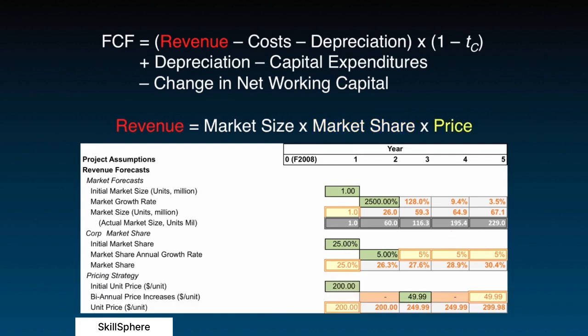And finally, we have to come up with a pricing strategy. I'm going to price our tablet initially in year one at $200 per unit, which I just bring down here. I'm not going to experience any price change in the second year, but then I'm going to increase prices in the third year by just under $50. Now you might wonder, what am I thinking? Consumer electronics prices go down, and go down fairly rapidly.